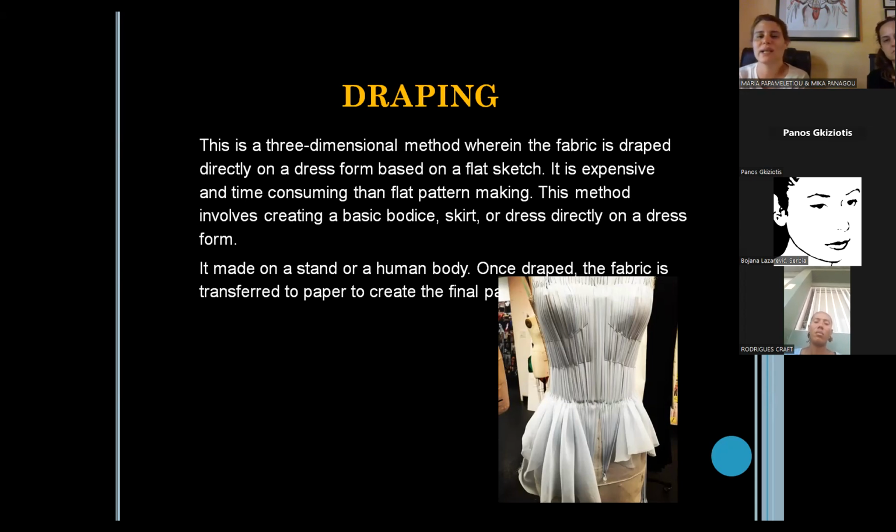This method involves creating basic bodices, skirts, dresses. What else? That's most. I think I showed you some skirts like that. We might make some videos for you. It's made on a stand or a human body. Once draped, the fabric is transferred to create the final pattern.